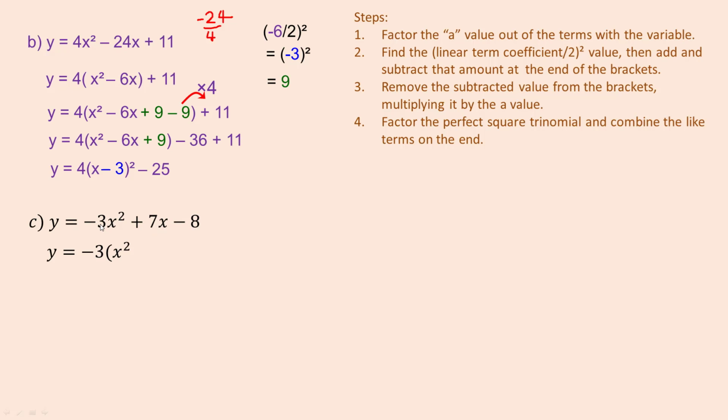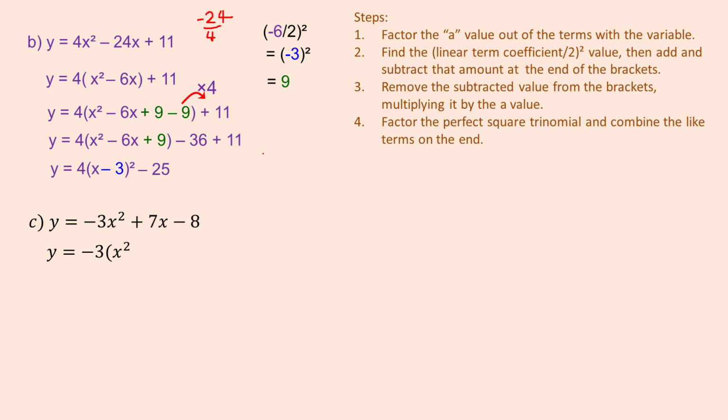Now, negative 3 factored out of negative 3x squared does leave us with an x squared here. And the way we find this value is we take that 7 and divide it by negative 3. Just like I took the negative 24, and since I was factoring 4 out, I divided it by 4 to get this negative 6x. So let me go back to my pen here again.